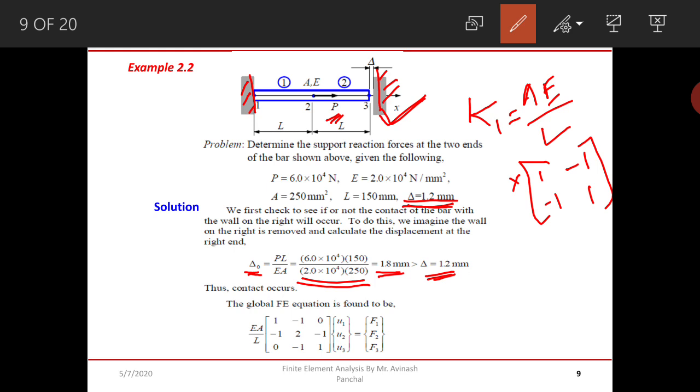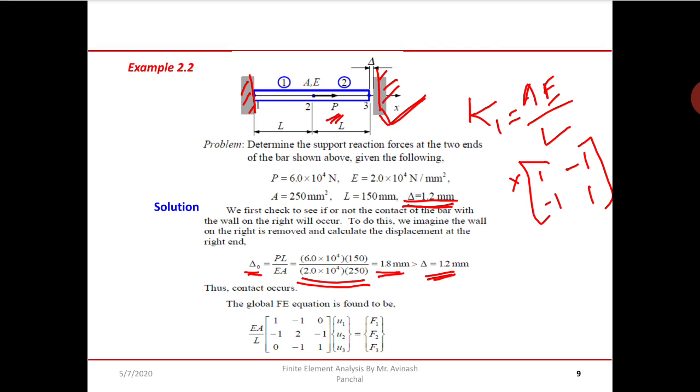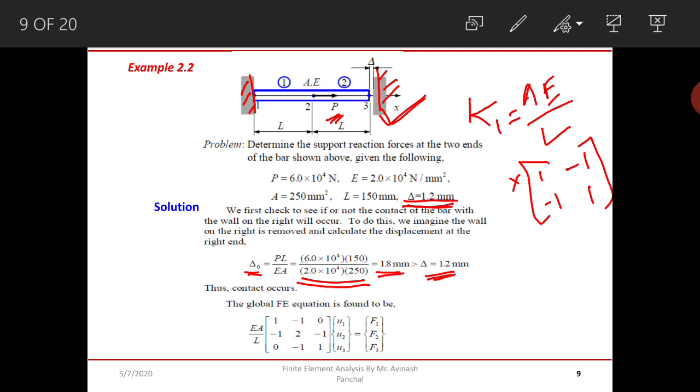If we put in these values, these correspond to node 1 and node 2. For element number 1, it corresponds to node number 1 and node number 2, so these values are also corresponding to node 1 and 2.